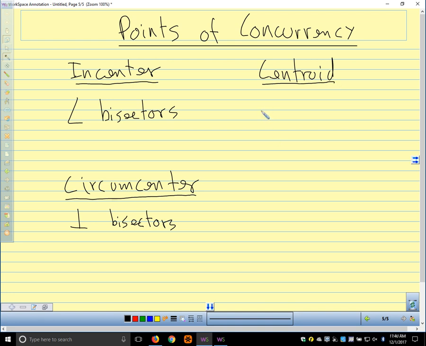The which ones? Medians. And then we talked about the orthocenter. And the orthocenter came from the altitudes.